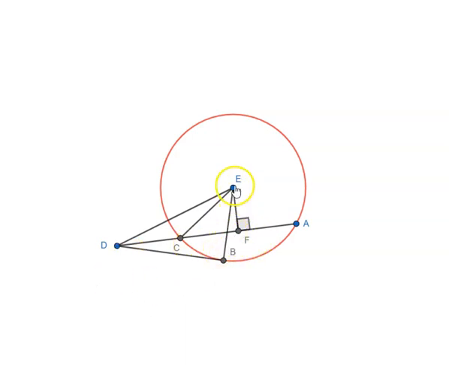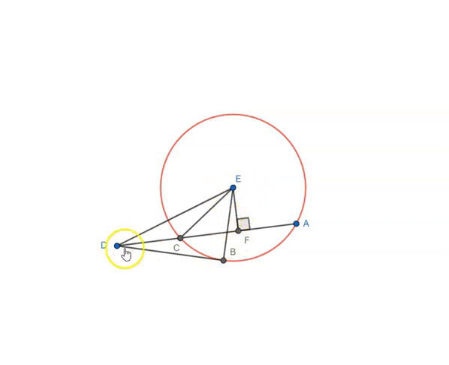So what we'll do is we will add FE square to both the sides of the equality. So we end up with AD by DC plus FC square plus FE square is equal to FD square plus FE square.